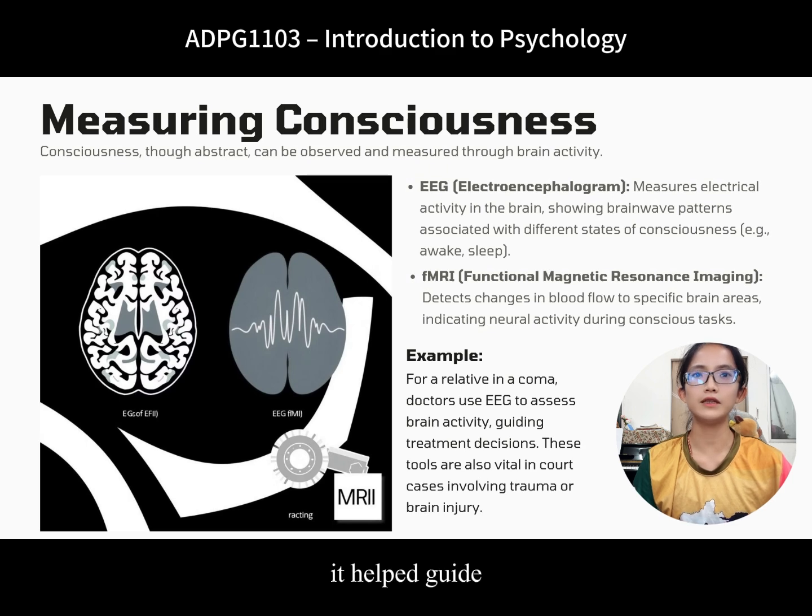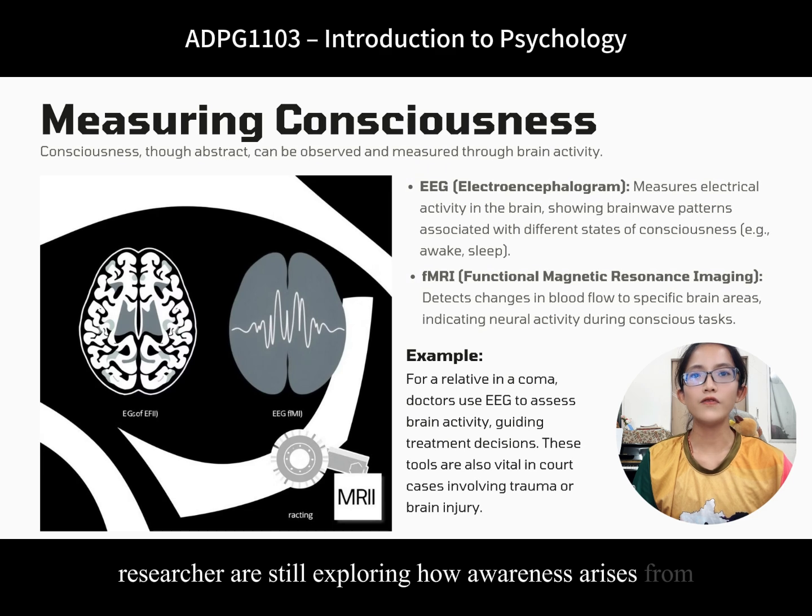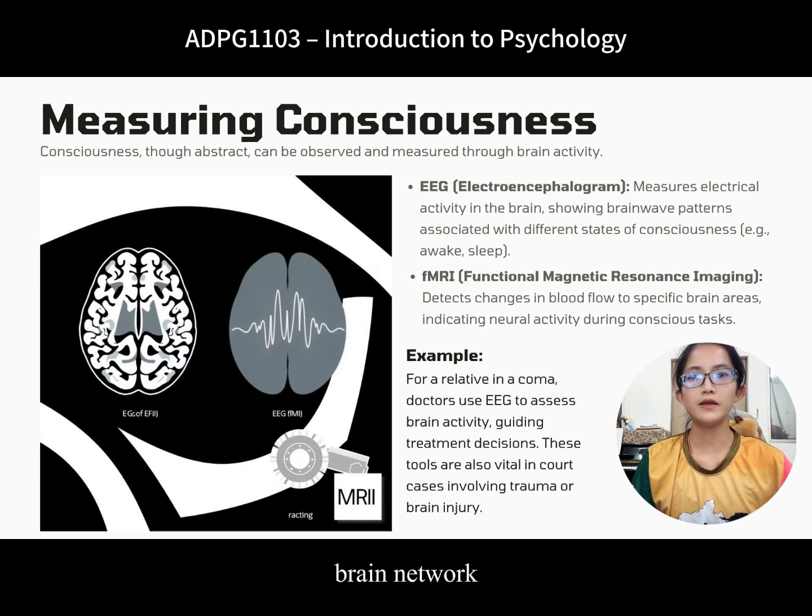It helped guide their decision about treatment. Brain imaging tools are even used in court cases and trauma therapy, showing how scientific understanding of consciousness is changing lives. Researchers are still exploring how awareness arises from brain networks.